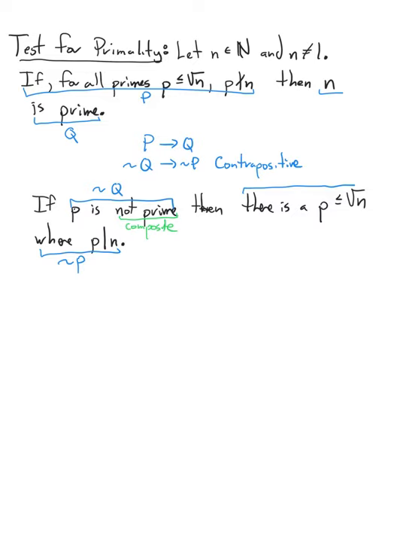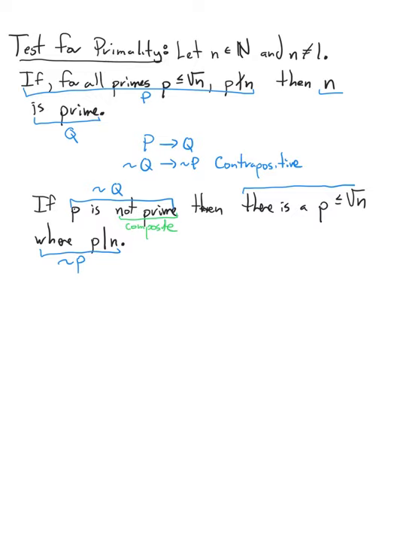So it's going to be 2 or greater. All right? So we have a nice if-then statement. If for all primes p that's less than or equal to the square root of n, p isn't a factor of n. So for every prime less than the square root of n, if p isn't a factor, then n is prime. That's what we want.